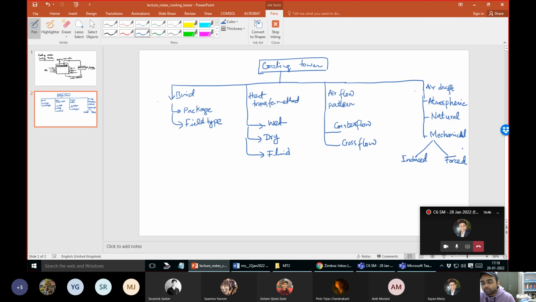Here the heat transfer coefficient is maximum because there is direct contact of the air and the water. But there is one disadvantage in this wet method, that there is loss of water due to evaporation. The water will only cool due to evaporation, and since this is open directly to the dry air, there is a lot of evaporation, there is loss of water, right?